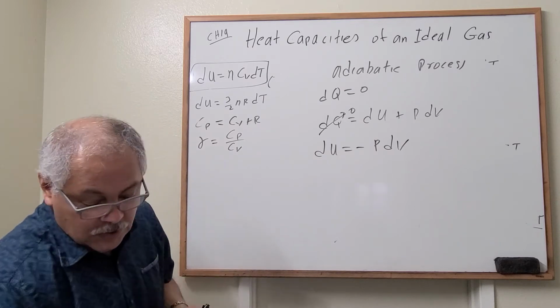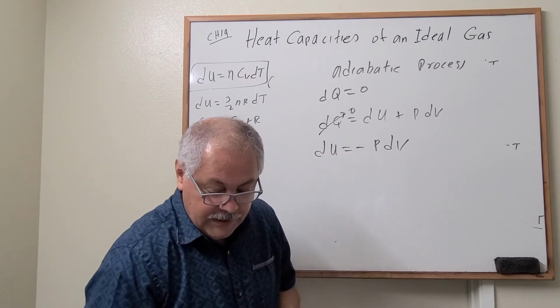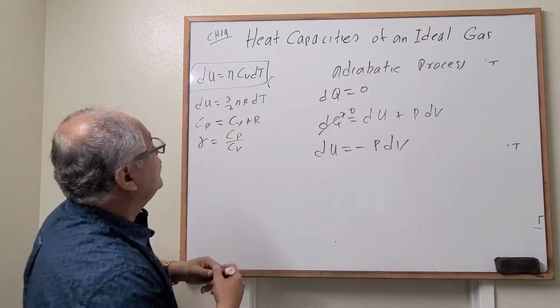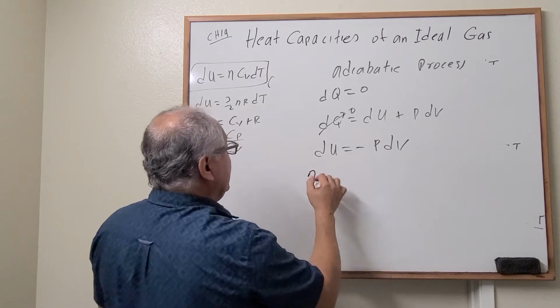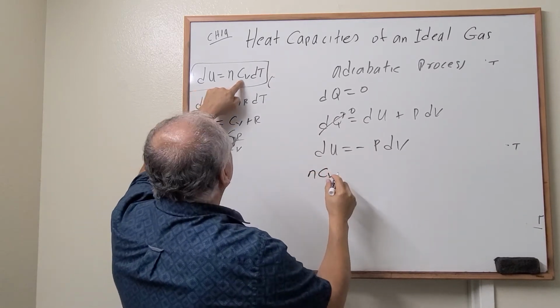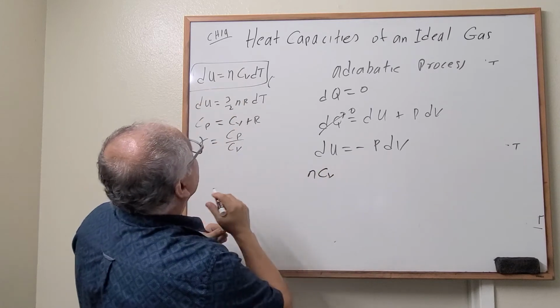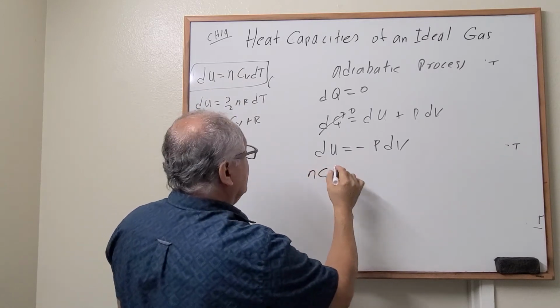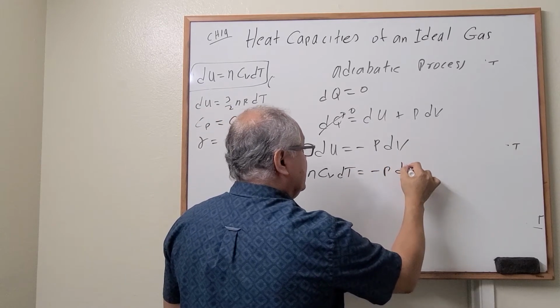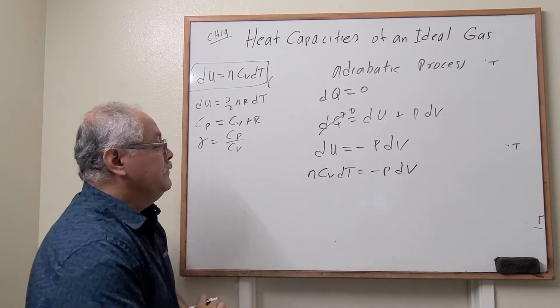Now let's see what happens when we substitute the values that we have before. The change in energy is equal to n times the molar heat capacity at constant volume, Cv dT, equal to negative P dV.